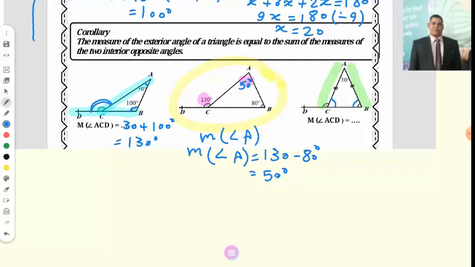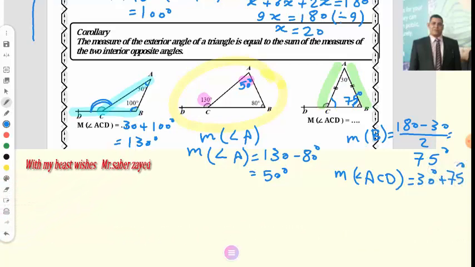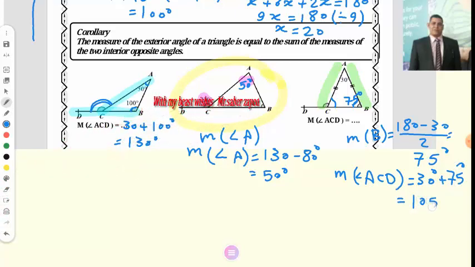So measure of angle B equals (180 degrees minus 30 degrees) divided by 2, which equals 75 degrees. So this angle, its measure equals 75. Then measure of angle ACD equals 30 degrees plus 75 degrees, which equals 105 degrees.